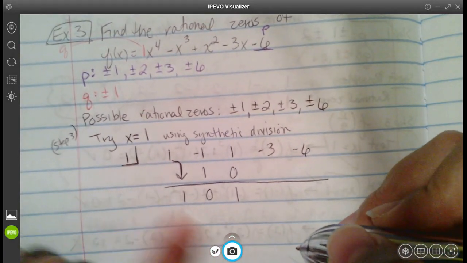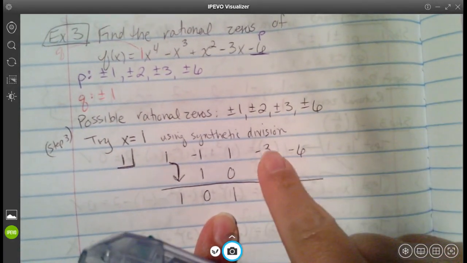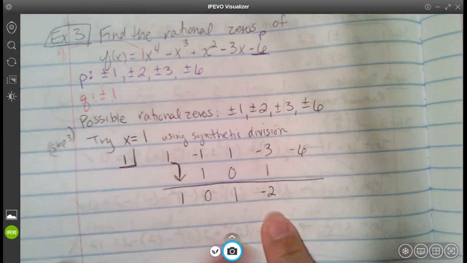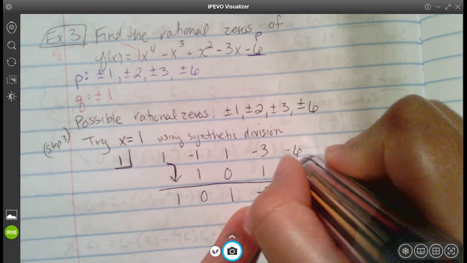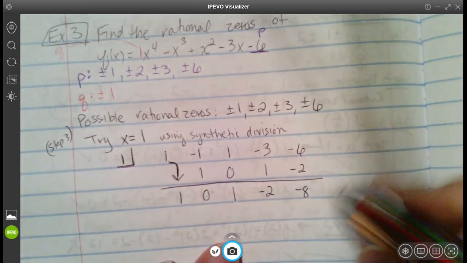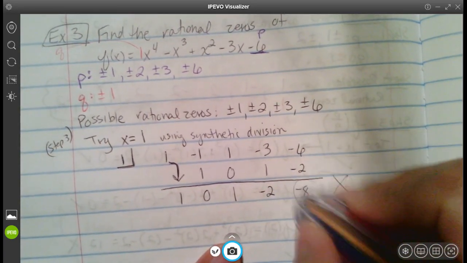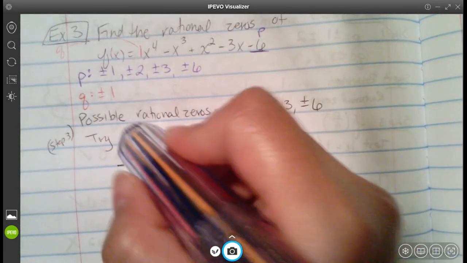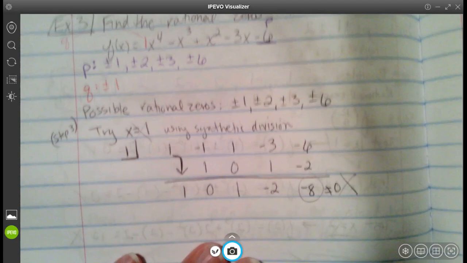Give me 1. 1 times 1 is 1. -3 plus 1 is going to give me -2. 1 times -2 is -2, and this is -8. So this is not going to work because this one is not equal to 0. So x equals 1 is not going to work because of that.